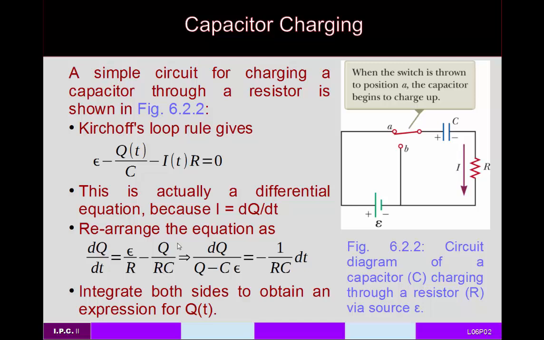And so what happens is that we divide both sides by this Q minus C epsilon term. That's basically the negative of what this numerator would be. We multiply both sides by dt. And so you end up with dq over q minus C epsilon is equal to negative 1 over RC dt.